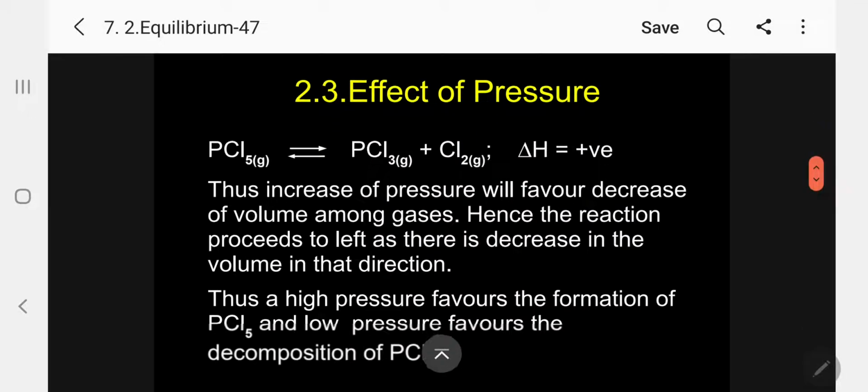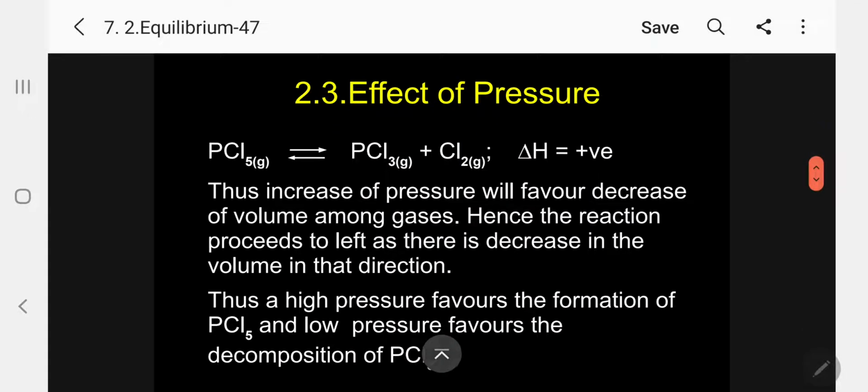Okay. Effect of pressure. Again, I told you, we cannot think of pressure directly, only with the help of volume. Now come to the one volume. This is one volume, and I'll write 2 volumes, so delta n equals 1.